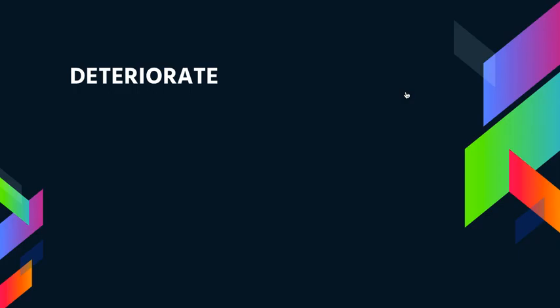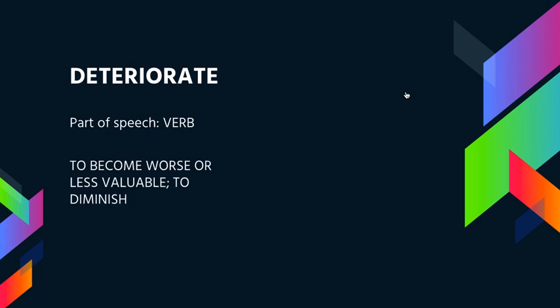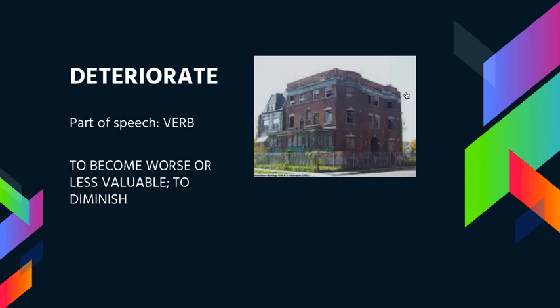Next word is deteriorate. This is a verb. Definition is to become worse or less valuable, to diminish. Again, buildings are easy examples of things that deteriorate. They start to diminish. You stop taking care of the building. If you stop taking care of a car, it can deteriorate.